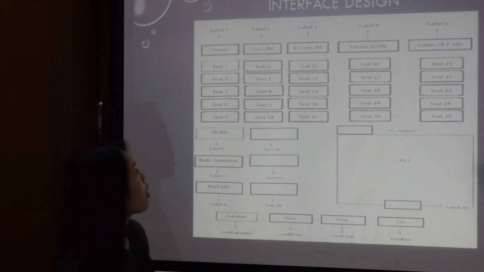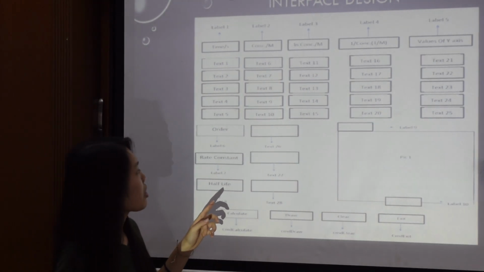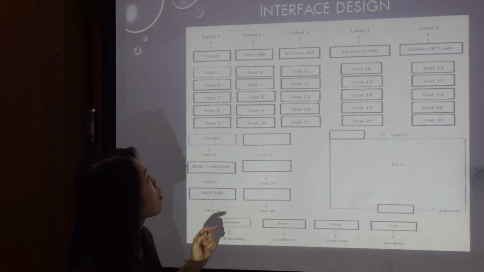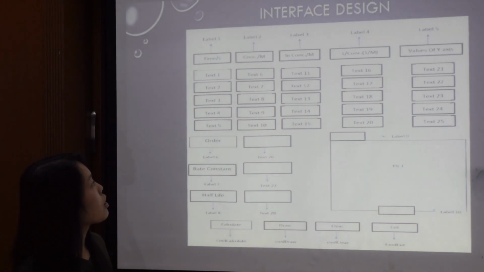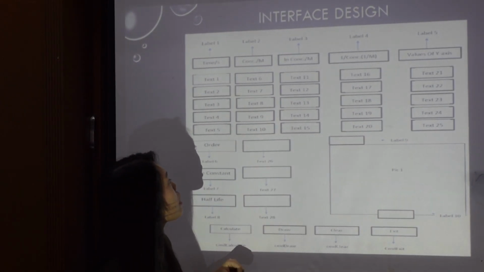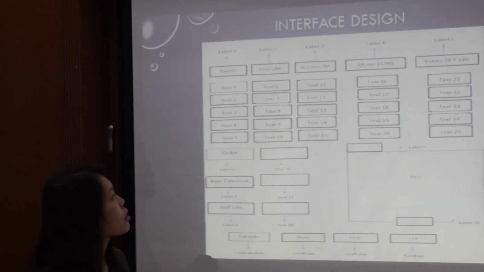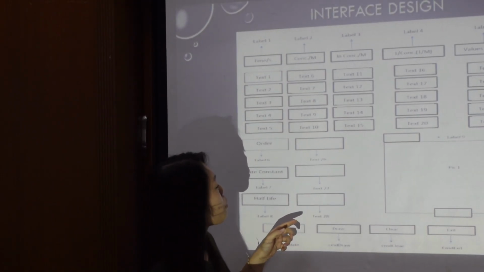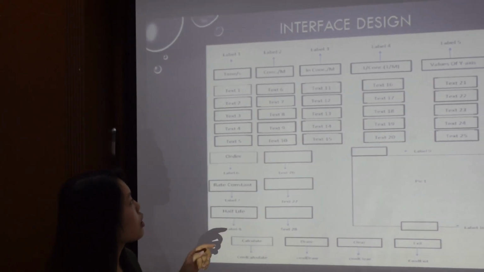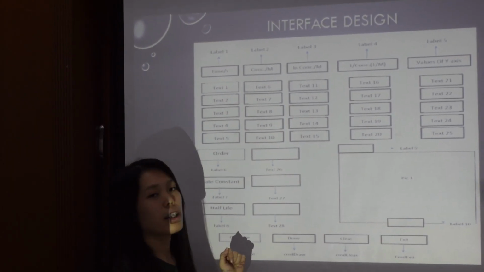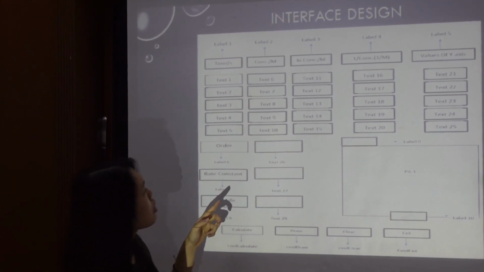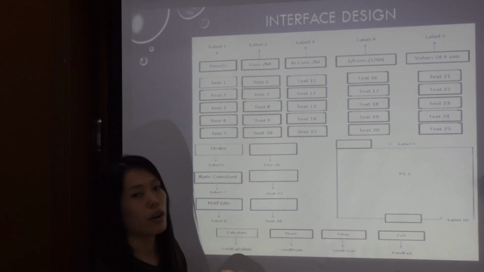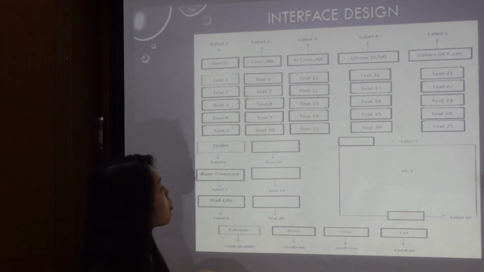Text box 11 until text box 15 are the array text box of ln concentration. Text box 11 is C0, and text box 12 is C1 until text box 15, which is C4. These text boxes are used to show the value of ln concentration.